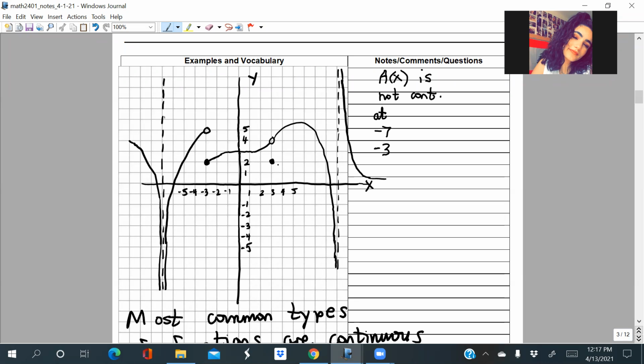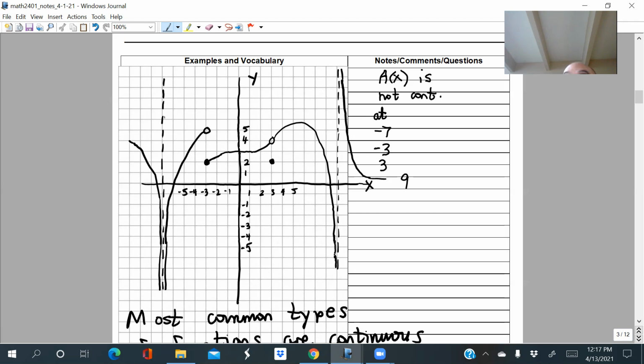Right here, so that is 3. So not continuous at 3, and then where's the next one? Right there. I forgot what number that is. 6, 7, 8, 9? So not continuous at 9, because again, you've got this vertical asymptote there.